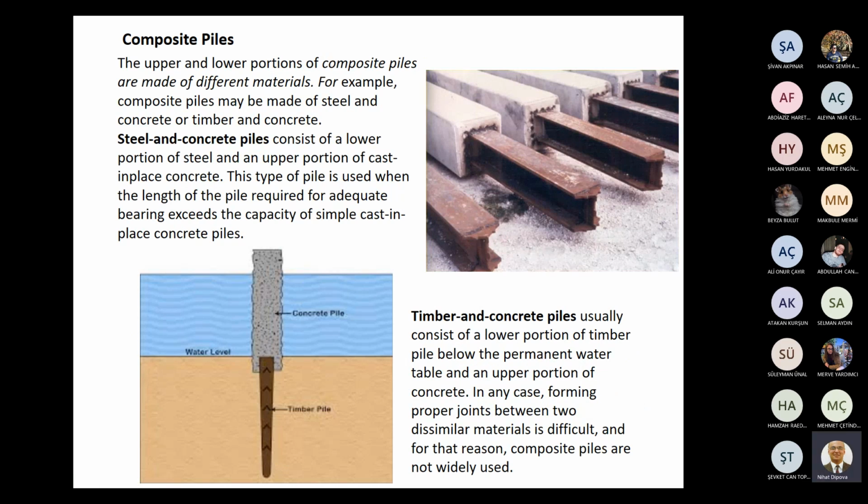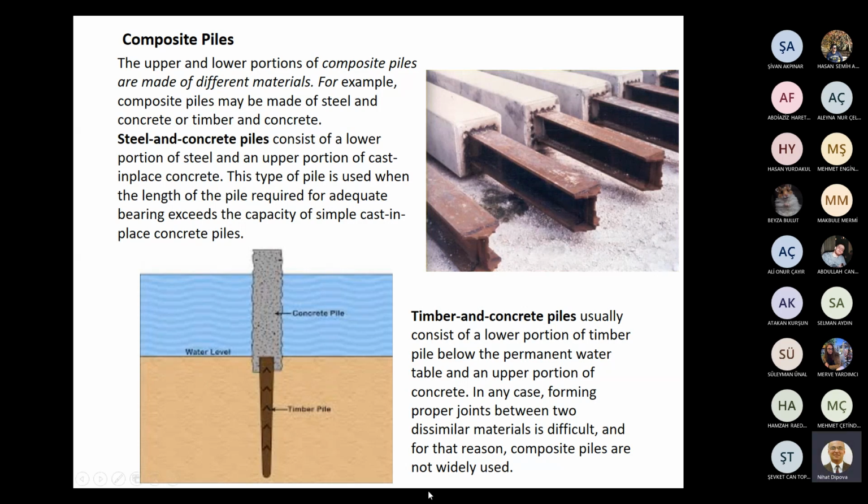Sometimes we use materials combined to get a composite material. So these types of piles are called composite piles. The upper and lower portions of composite piles are made of different materials.